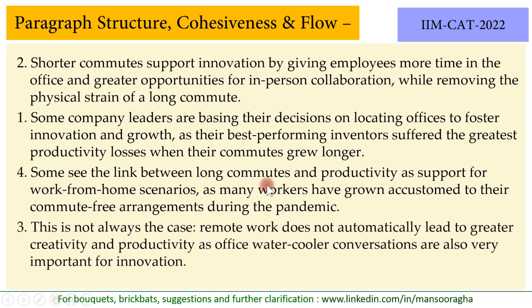And then sentence number 3 provides a perfect contrast to whatever sentence number 4 is saying. This is the whole logical sequence of the 4 sentences. This kind of a review of the paragraph structure is something which is essential. This will help you. Always do this for every question, whether you get it right or whether you get it wrong when you're reviewing.